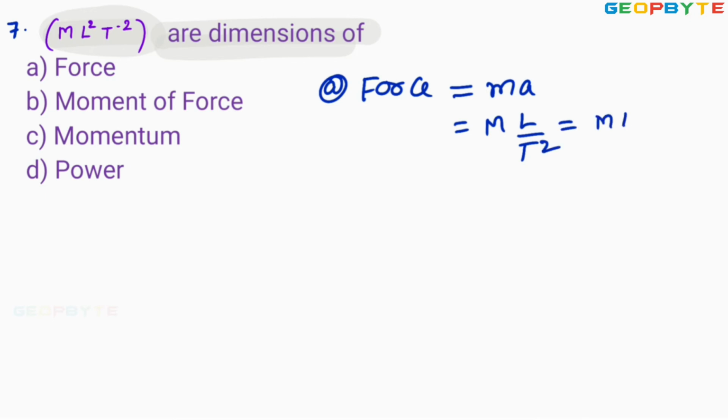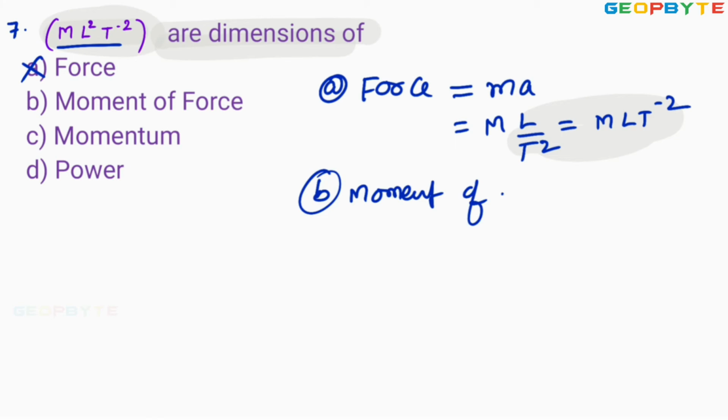Therefore, M L T power minus 2 is the dimensional formula for force. But given is M L square T power minus 2. Option A is not correct. Look at the option B. Moment of force means indirectly torque.